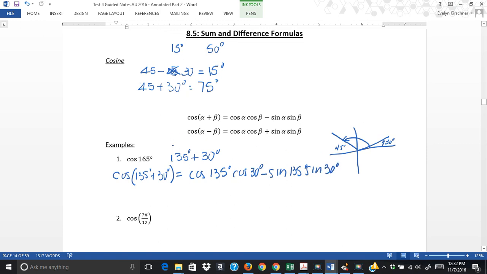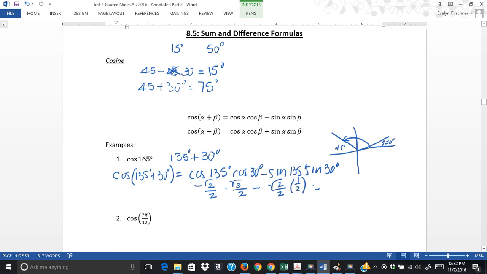Now let's just think about it. 165 is in this quadrant, and so what we have to remember is that if it's a cosine, the answer better be negative. So 135 is in the second quadrant, so it's negative radical 2 over 2. Cosine of 30 degrees is radical 3 over 2, minus sine is positive in that quadrant, so it's radical 2 over 2, and sine of 30 is 1/2.